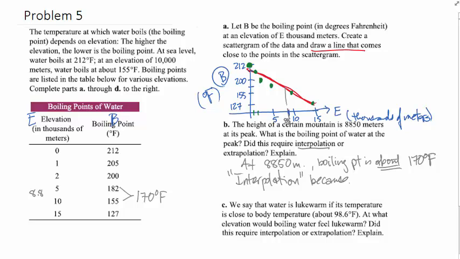So this is interpolation because 8,850 meters is within the given data set.